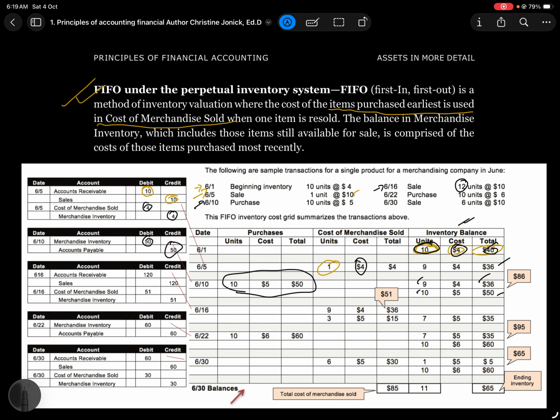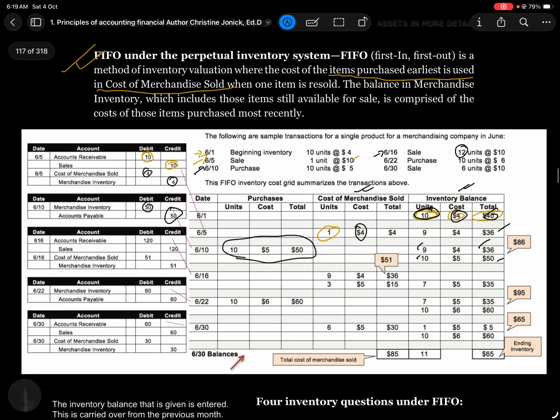When we record our cost of merchandise sold, we would separate out the quantity. We would put 9 units at the rate 4 first, then the remaining would be 12 minus 9.